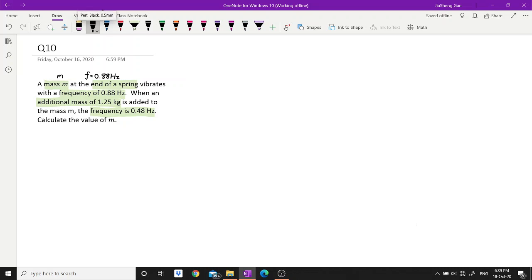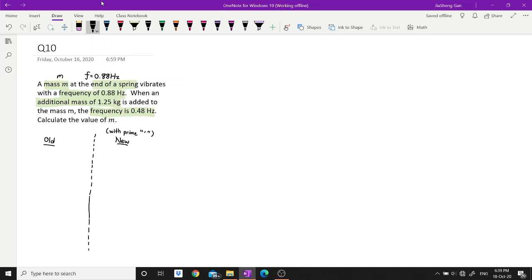When we face this kind of question, what I would recommend you to do is to list down the variables like this. So you have an old and you have a new. The new one I will denote with a prime, meaning for all the symbols I add on a prime.